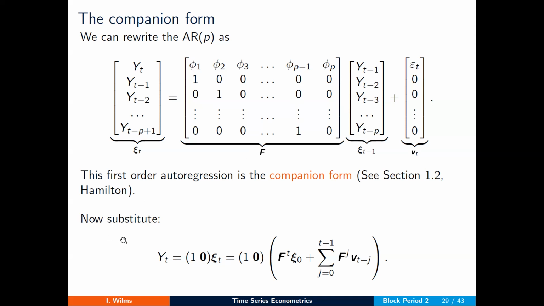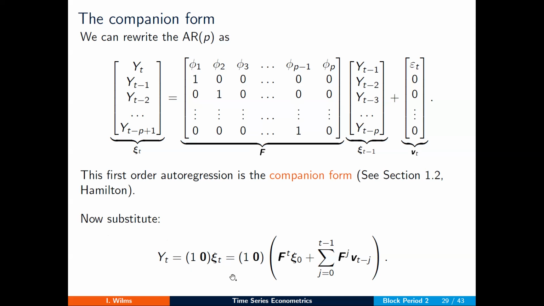And we are ready to write out the AR1 model equation in this companion form. Yt is the first component of our vector xi t, which I have extracted over here with this vector.